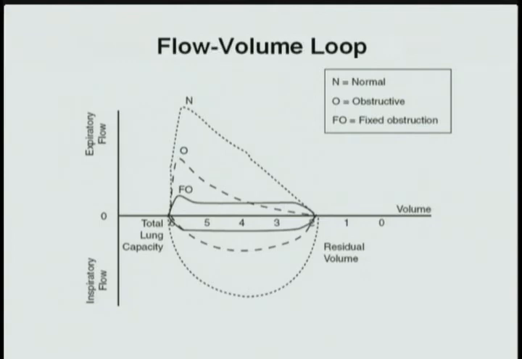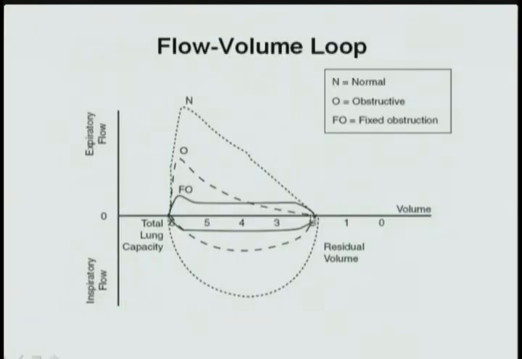Now it's not greatly evident in this figure here, but I want you to know this. When this patient goes down to their residual volume, look at here, it's higher than a normal person. It should be higher.